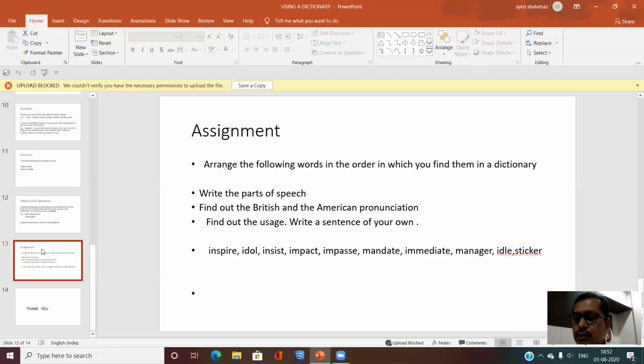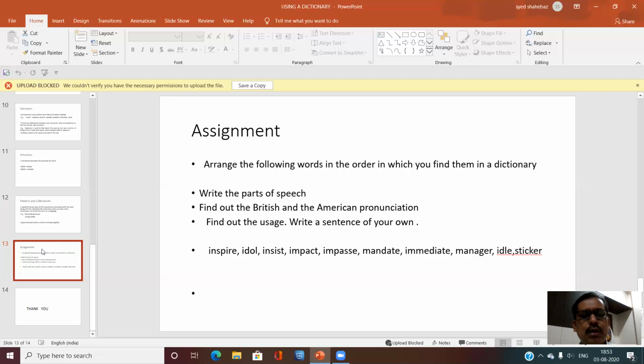And find out usage. Write a sentence of your own. It means you have to use all these words in your own sentences, bringing out the meaning of that word clearly in that example. So this is the assignment.